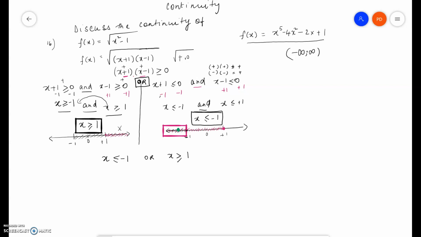So that is negative infinity to negative 1, including negative 1, so put a square bracket here. Union, which means or, x greater than or equal to 1. So that's starting from 1 going to positive infinity. So the function is continuous in this interval.